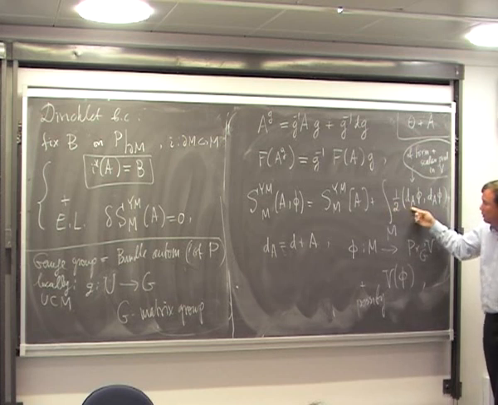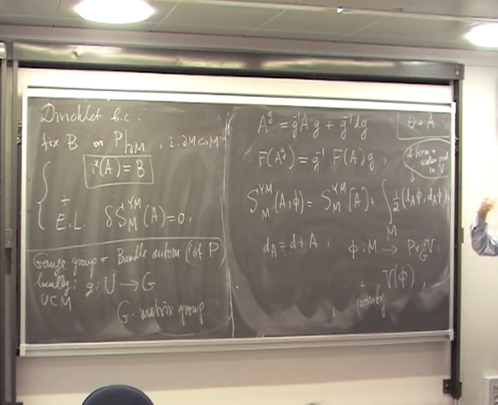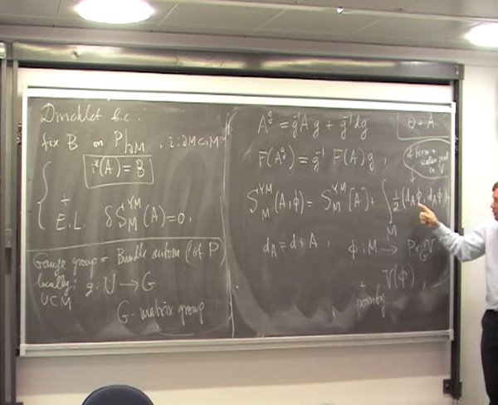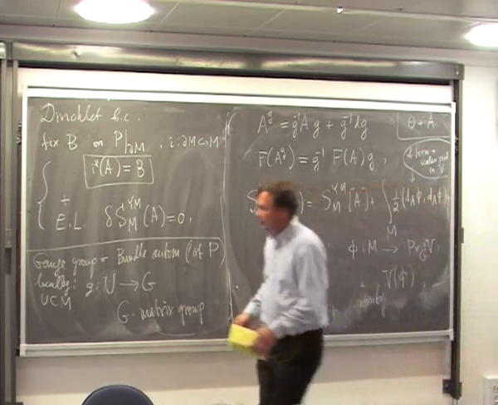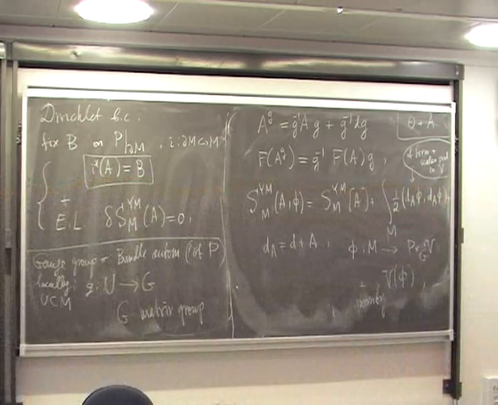Matter fields will always be sections of some fiber bundles on which the group acts, and then you use the covariant derivative with this Yang-Mills connection to construct such things, and that's usually the interaction.